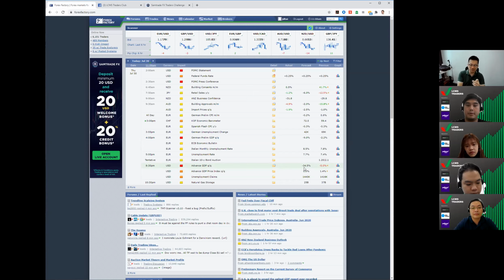If it comes out anywhere close to minus 34%, it is going to be a terrible number. Even if it's minus 30 or minus 31, it might come out green, but it's still going to be a terrible number. We might see more US dollar downside coming because of this news on the advanced GDP.